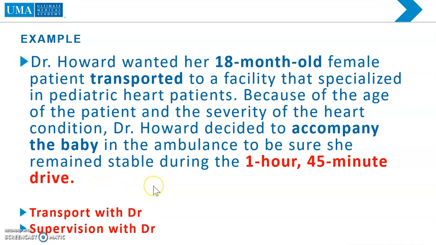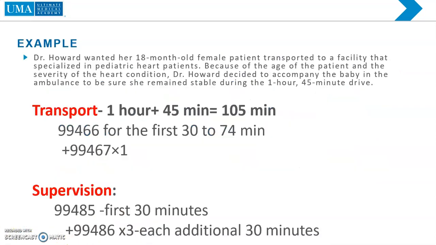Now remember, we have to find the codes according to the terminologies given here in your index, in your tabular, and code for the transportation with doctor and the supervision with doctor. So here are the codes for transportation and supervision. You can pause the video, go back, review your index and tabular, and come back and confirm your answers here.